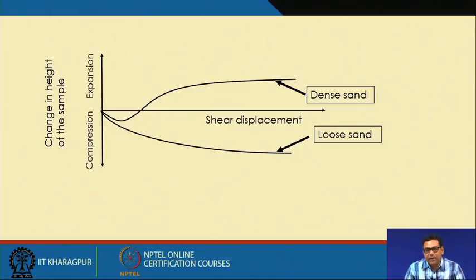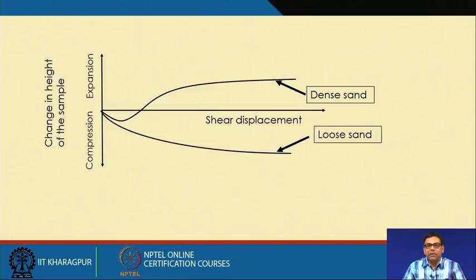So in the case of dense sand the volume increases. Dilatancy means the increase in volume due to shearing. So here, because of the shearing, our volume will increase.